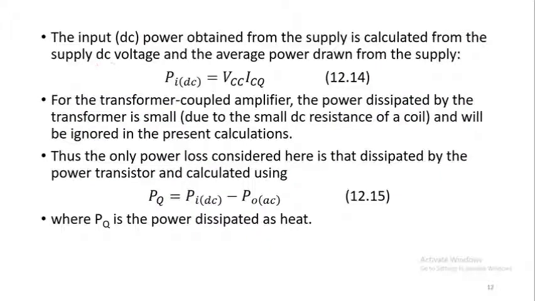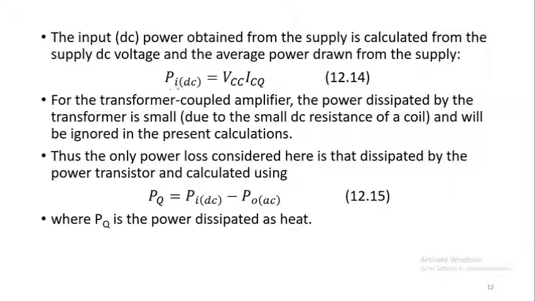Now the input DC power obtained from the supply is calculated from the supply DC voltage, and the average power drawn from the supply is given by this equation, which is 12.14.